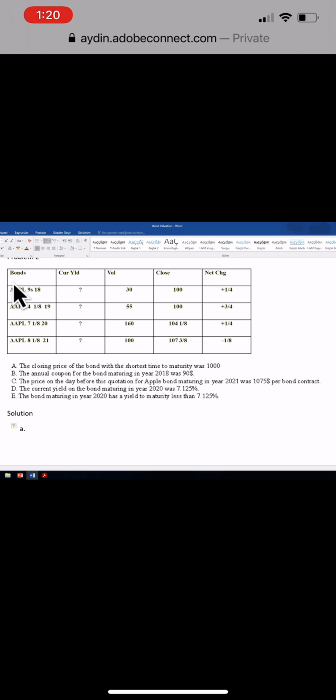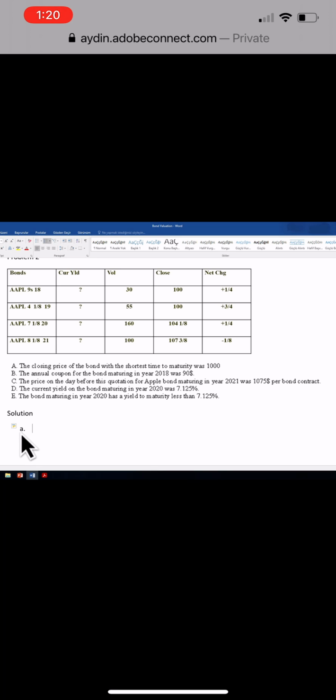Manar says it's no. Why Manar? What is the close price of this bond? It's 100, right? It's 100, correct. But 100 is the percent. So as I mentioned earlier, in the reporting table, we normally have percentage of face value.